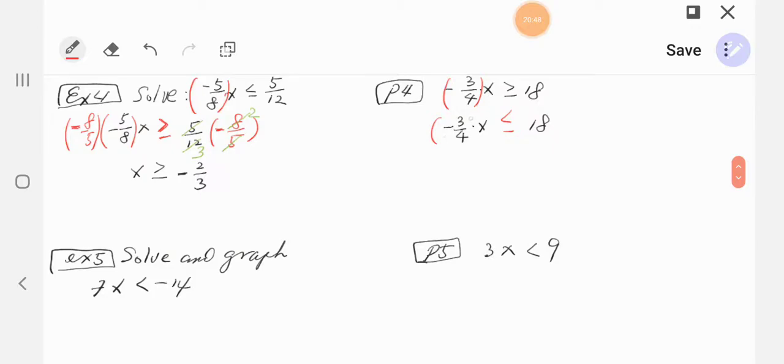I'm going to multiply this by negative 4/3, the reciprocal. This is a negative number, so we flip the symbol.